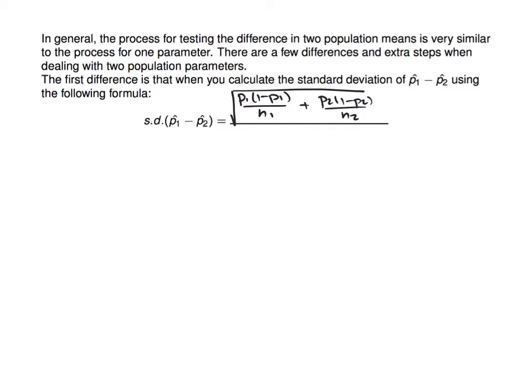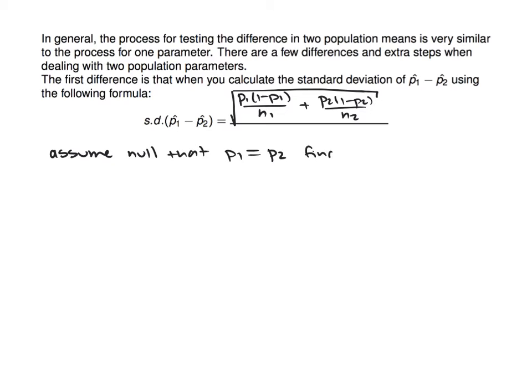So that's what we used for standard deviation in the previous chapter. But the thing here that's a little bit funny is we are going to assume in the null hypothesis that P1 equals P2, that these proportions are the same.